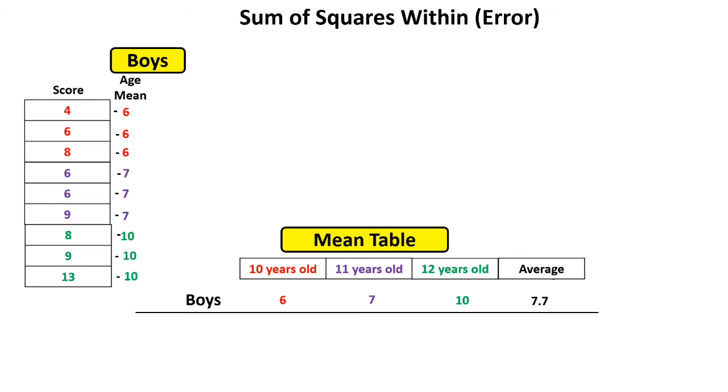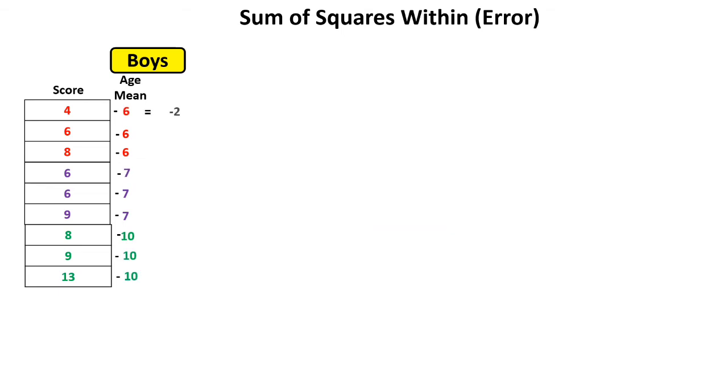So, 4 minus 6 is negative 2. Square it, the answer is 4. 6 minus 6 is 0. Square, still it's 0. 8 minus 6 is 2. Square, the result is 4. 6 minus 7 is negative 1.